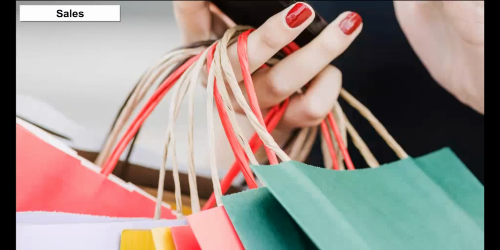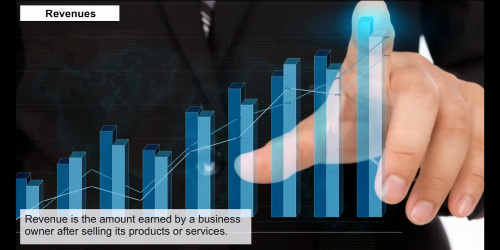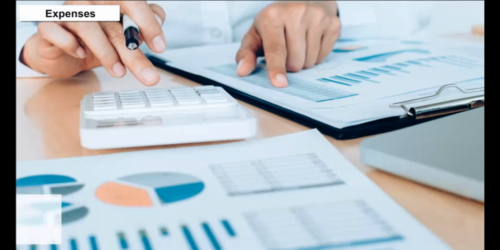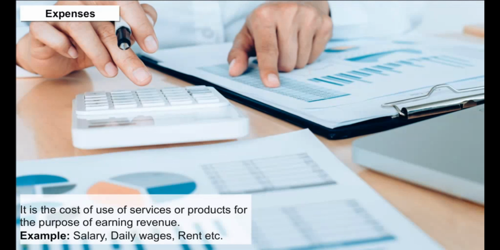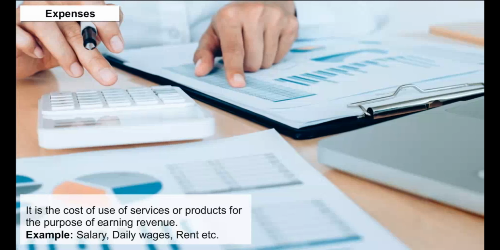Sales. Sales are the total amount of goods which are sold and services rendered. Revenues. Revenue is the amount earned by a business owner after selling its products or services. Expenses. It is the cost of use of services or products for the purpose of earning revenues.